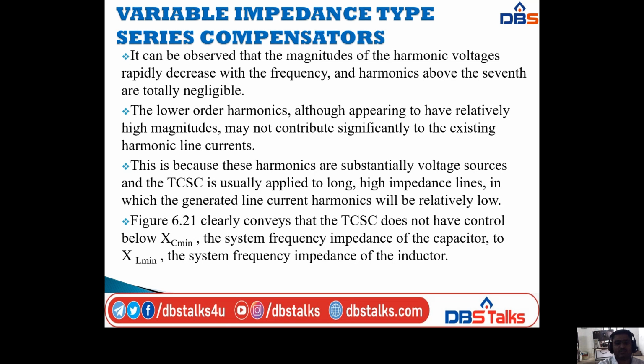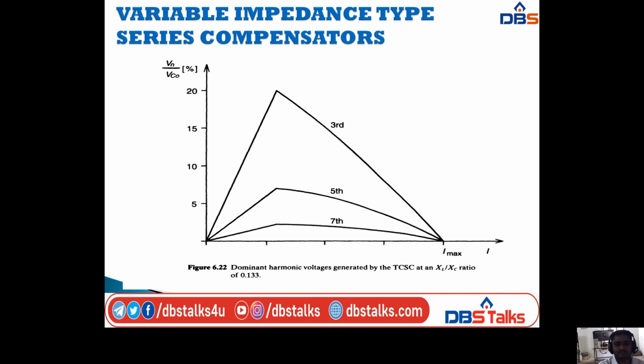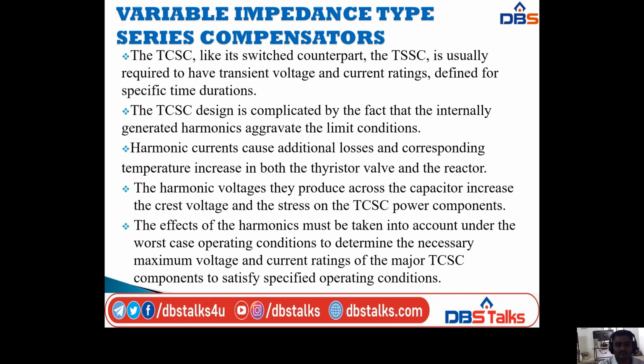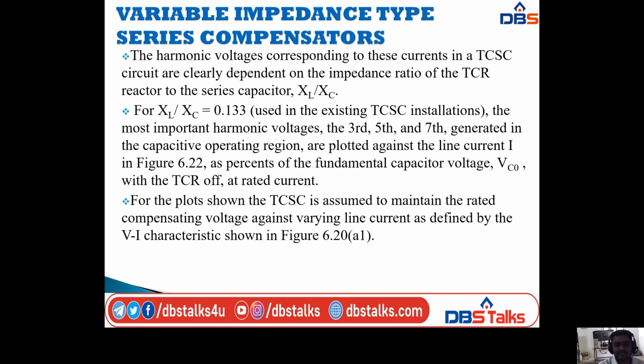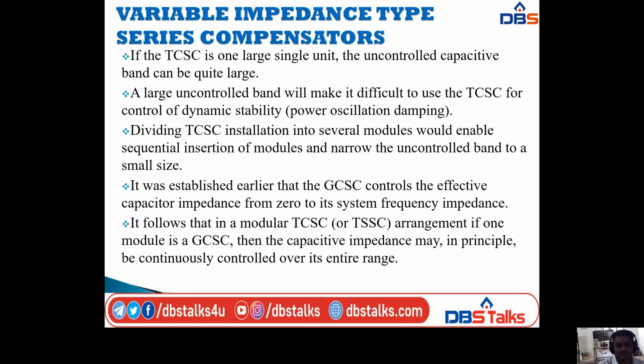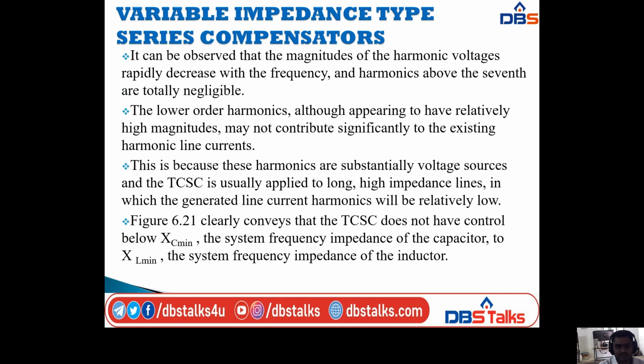Figure 6.21 clearly conveys that the TCSC does not have control below XC minimum. Here XC is the system frequency impedance of the capacitor, and XL is the system frequency impedance of the inductor.